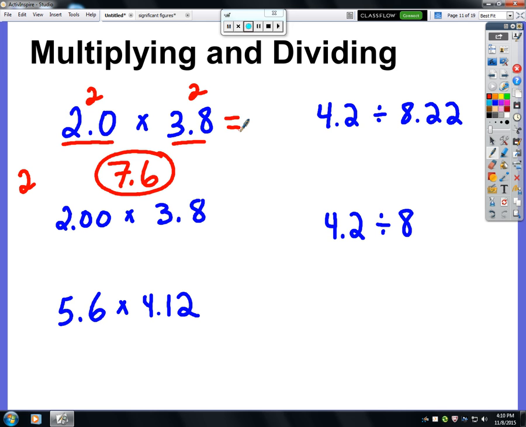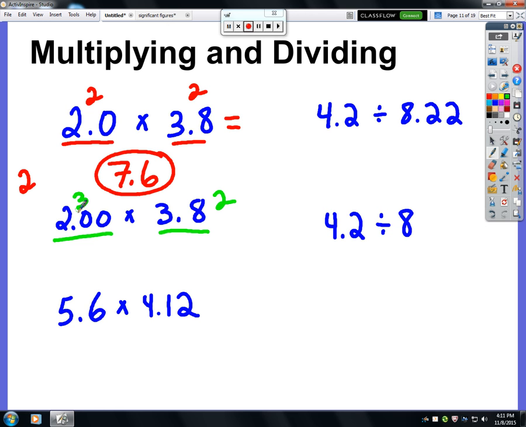Now, if you look at the example right below, 2.00 times 3.8, and I'll use green here, okay? How many significant figures are here? If you said 2, you're correct. How many significant figures are here? Well, there are trailing zeros and there's a decimal. So therefore, there are 3 significant figures. Now, which is the least of the significant figures?